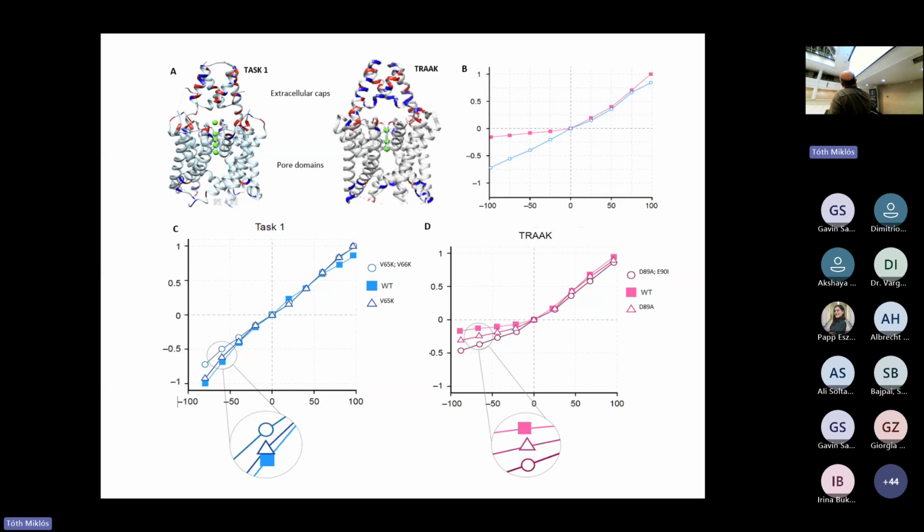With the channels that have fewer charges, I changed them to a charged amino acid. And as you can see, the effect here is lower, and the effect here is bigger.